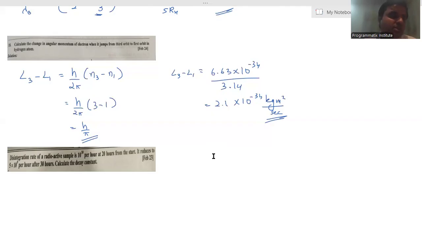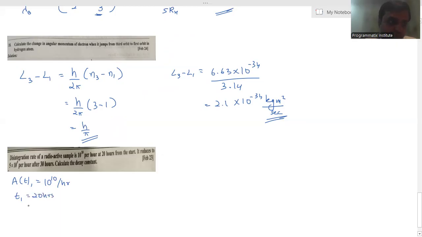So see, the disintegration rate of a radioactive sample is 10 to the 10 per hour at 20 hours from the start, and it reduces to 5 into 10 to the 9 per hour after 30 hours. And you have to find the value of the decay constant, which is lambda. Okay, so first, let's write the given properly. I'll write in terms of activity: A1 is 10 raised to 10 per hour, and the time is 20 hours.